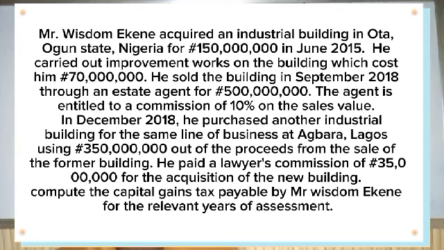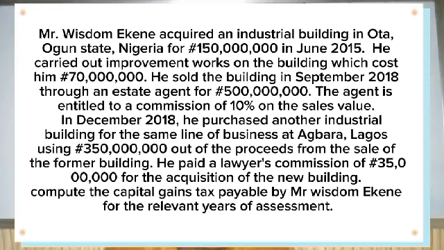He carried out improvement works on the building which cost him 70 million. He sold the building in September 2018 through an estate agent for 500 million. The agent is entitled to a commission of 10% on the sales value.